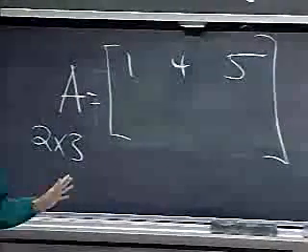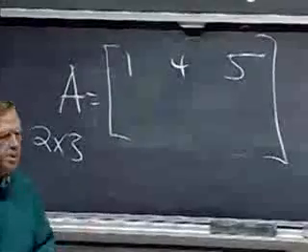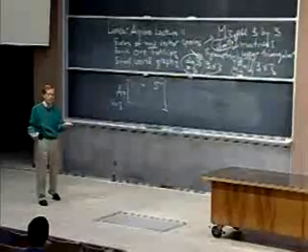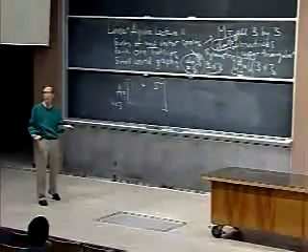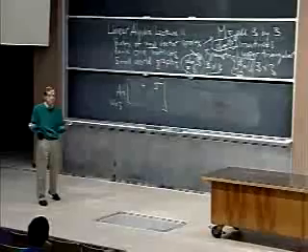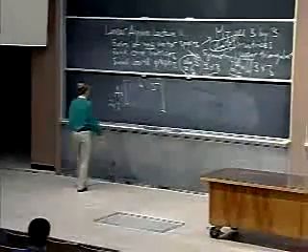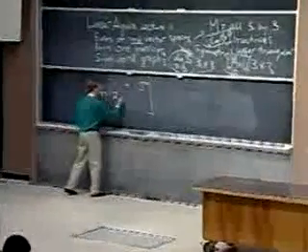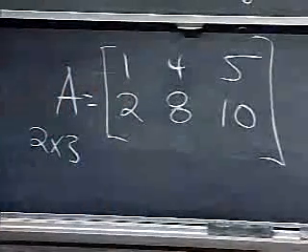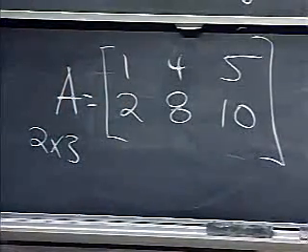What can the second row be? Tell me a possible second row here for this matrix to have rank 1. A possible second row is 2, 8, 10. The second row is a multiple of the first row.